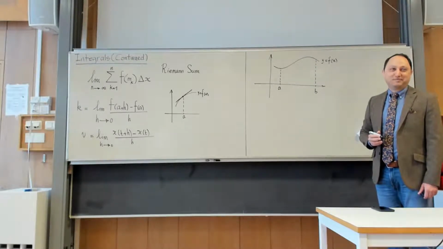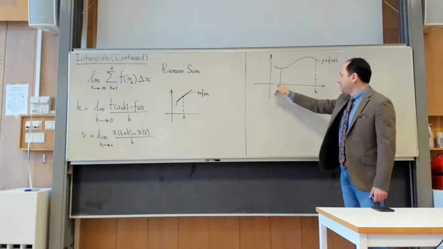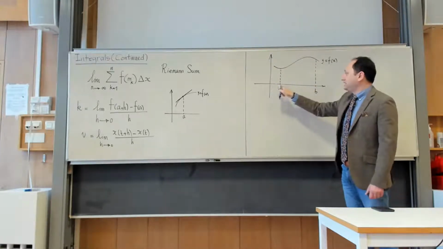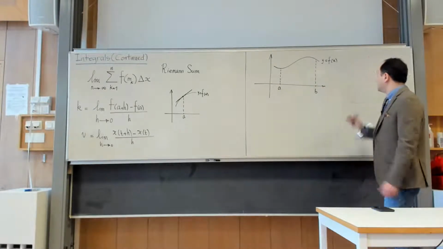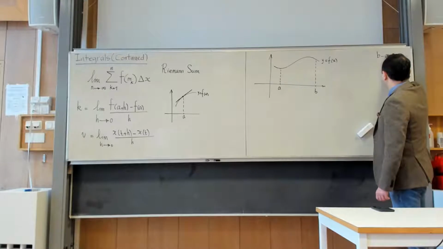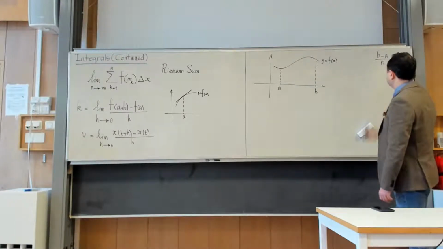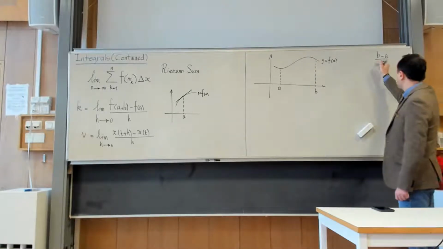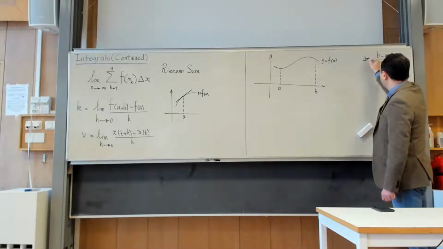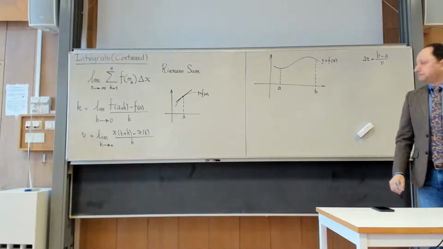B minus A. From here to here is B minus A. From here to here is B. From here to here is A. So I divide B minus A into n pieces, and then I want to send n to infinity. Each one of these numbers is called delta x, the increment in x, okay?